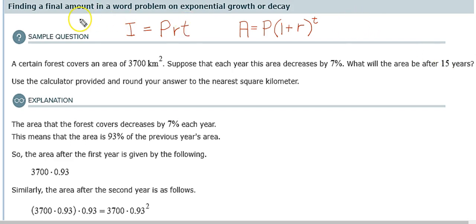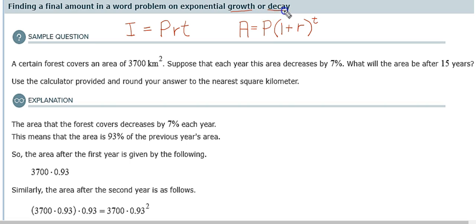Now, as we look at this, we're going to find final amounts in word problems on exponential growth. Here, the rate will be something greater than 100% when we add this together, and then we're going to times it by time.